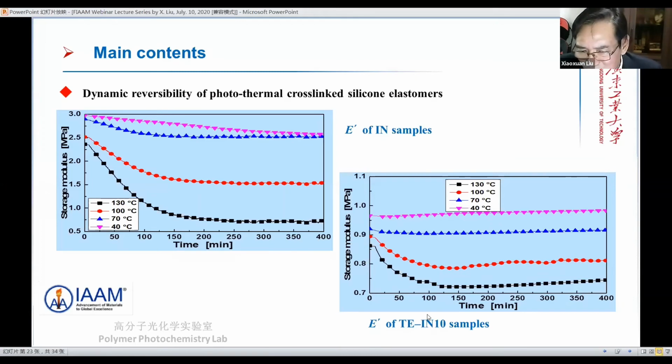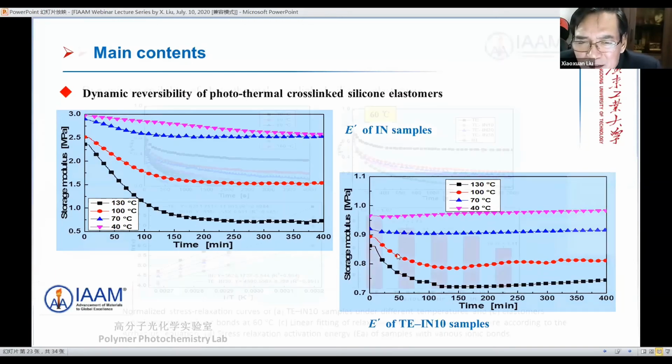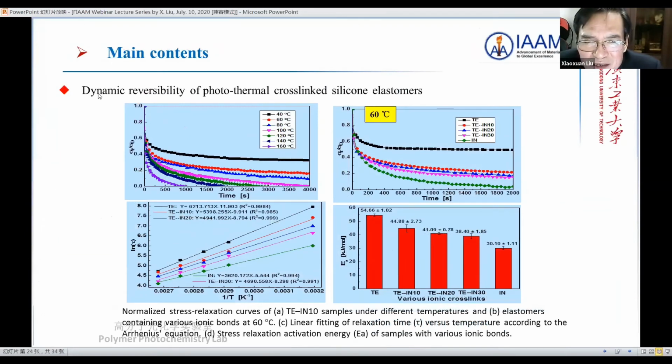But with the silicone crosslinking samples, the storage modulus is persistent at certain values. This is a dynamic reversible photo-based crosslinking silicone elastomer.